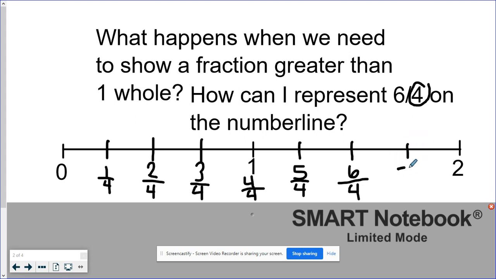That's right, 7/4. And if you wanted to, you could label the 2, that would make 8/4. So 2 wholes, otherwise known as 8/4. But we were looking for 6/4, and here it is. There we go. It went beyond the whole. Okay.